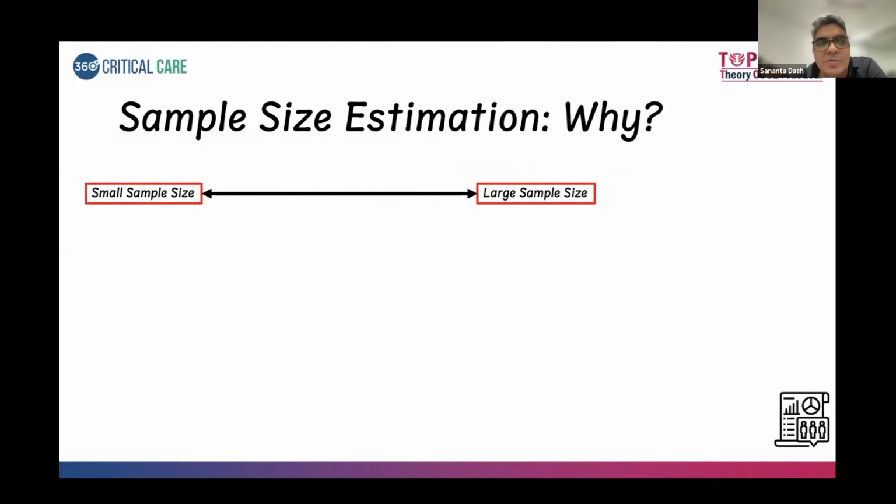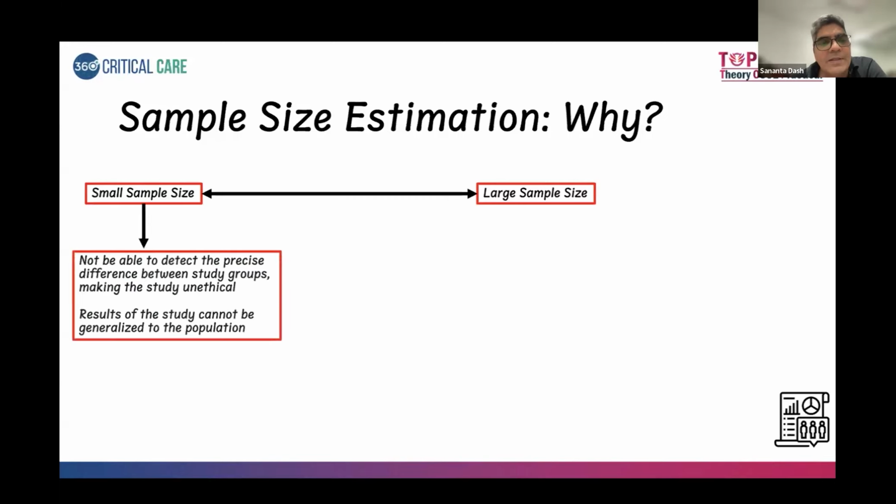You have to pre-assess the sample size of a study based on many factors. But the understanding is if you have a small sample size, then you'll not be able to detect the precise difference between study groups, making the study more unethical. The results of the study cannot be generalized to a population. So it's a demerit to have a small sample size in a study.